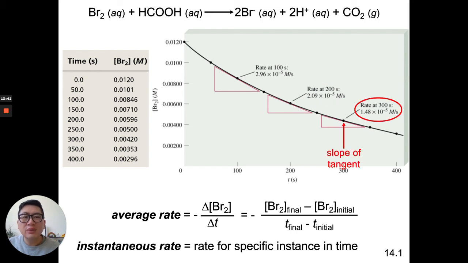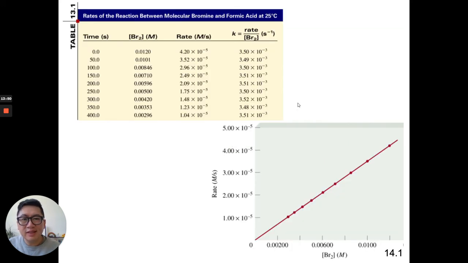Okay, so what if I had determined the slope of the tangent line at every single point? I think that's on the next slide. Here it is. The instantaneous rate is right there.